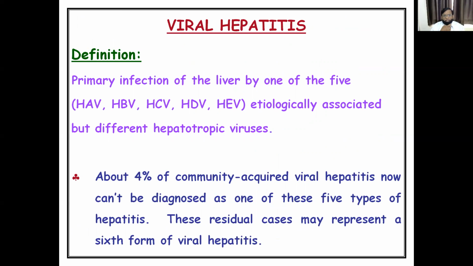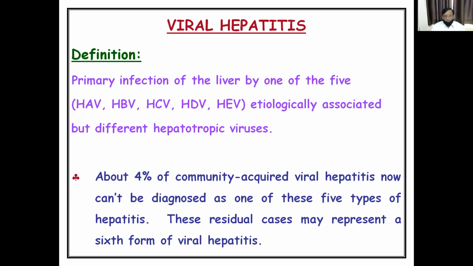What is viral hepatitis? By definition, primary infection of the liver by one of the 5, mainly HAV, HBV, HCV, HDV, HEV, etiologically associated but different hepatotropic viruses. Etiologically, they are the same because they are causing hepatitis by infecting primarily hepatocytes, but their characters are different.